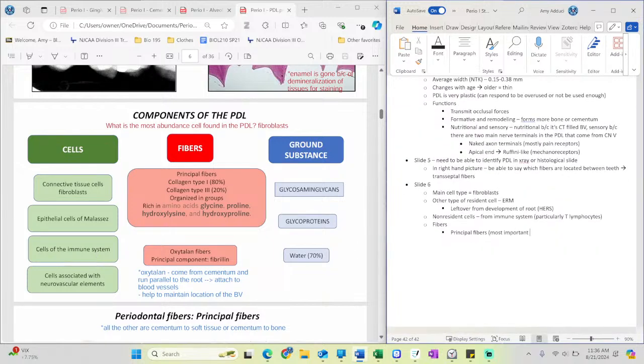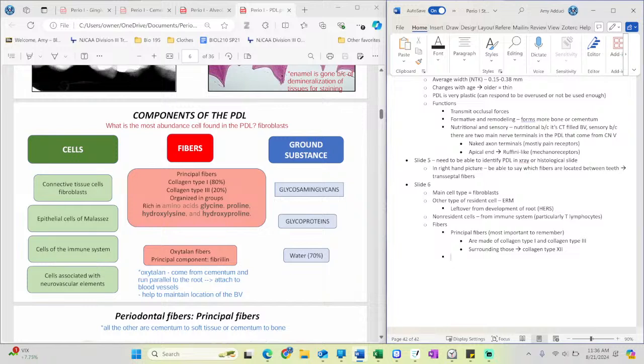The principal fibers are made of collagen type 1 and collagen type 3. It's a mix of both, but it's around 80% collagen 1 and 20% collagen type 3. And then surrounding those, we have collagen 12. But the composition of the principal fibers is collagen type 1 and collagen type 3.